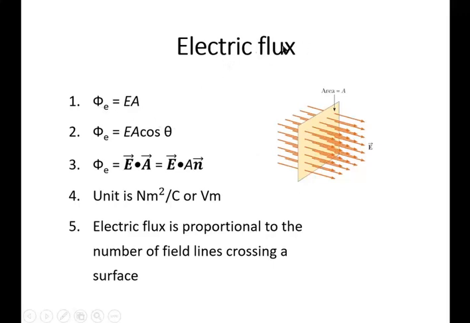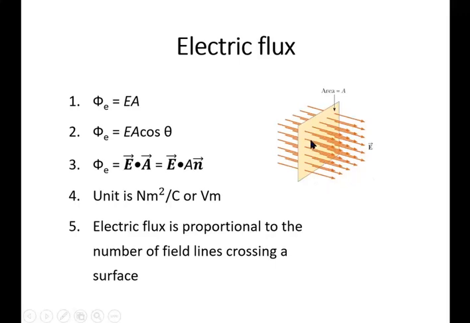We define the electric flux as the product of the electric field and the area in which the electric field crosses. So the flux, represented by the Greek letter phi, is equal to the electric field itself multiplied by the area through which the electric field crosses or passes through.